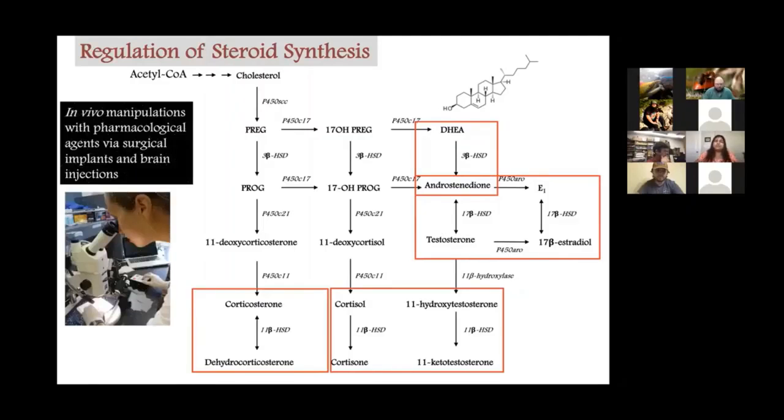And we can actually do in vivo manipulations with pharmacological agents. You can inject an animal with a drug that will block a particular pathway, for example. You can't really see the fish, but there's a fish under the microscope here, and we're doing ICV injections. We can also do implants.